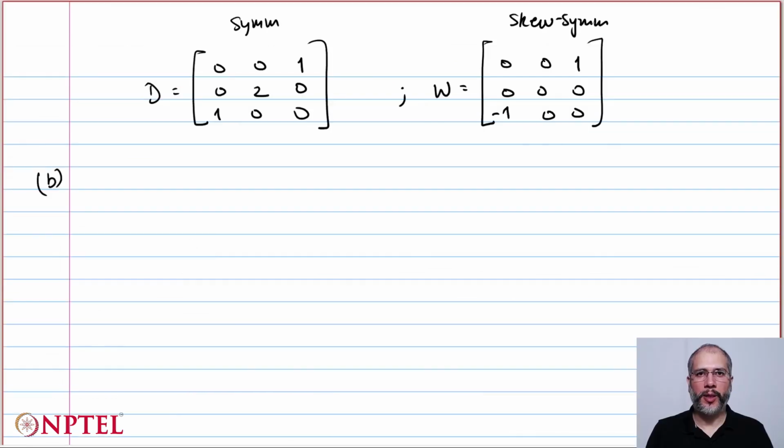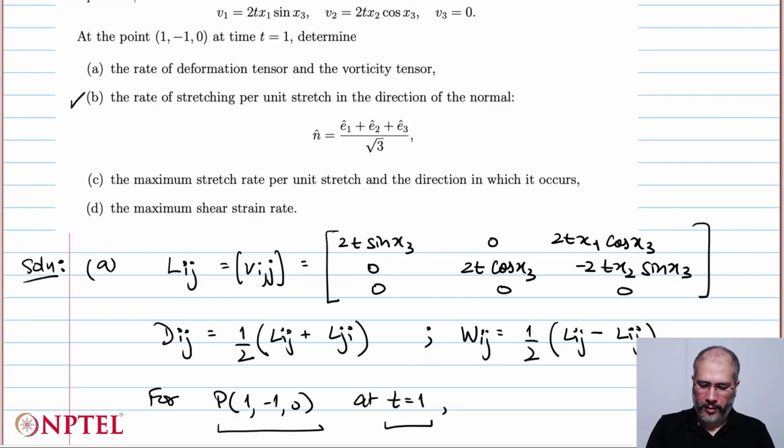Now let us move to part B. In part B, we have to find the rate of stretching per unit stretch in this n hat direction. Now the rate of stretching per unit stretch, that is lambda dot upon lambda, was defined as n hat dot D dot n hat.